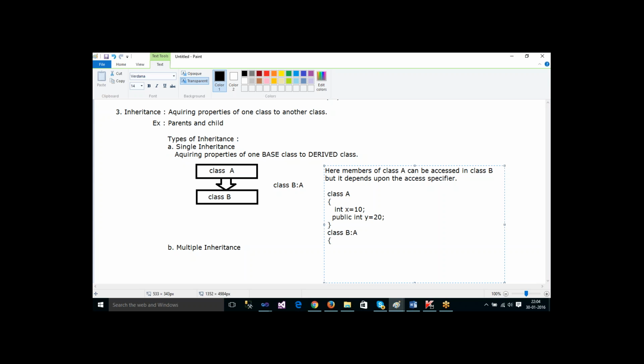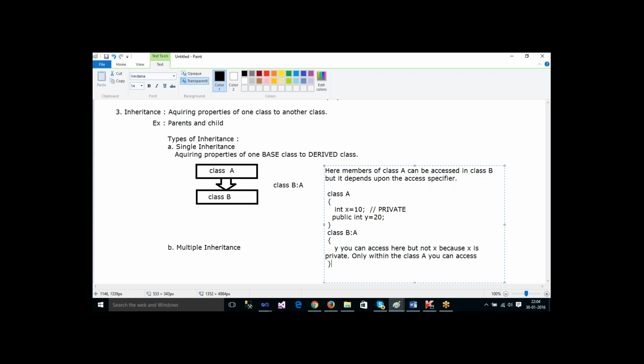Why y? Why not x? If you didn't declare any access specifier, by default it is private. You can access y here, but not x, because x is private, meaning only within class A can you access it.